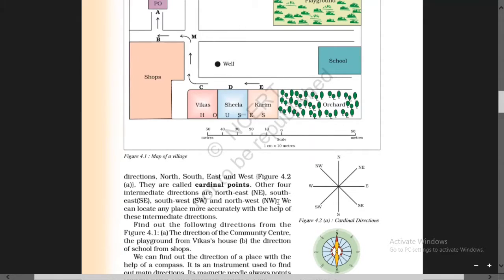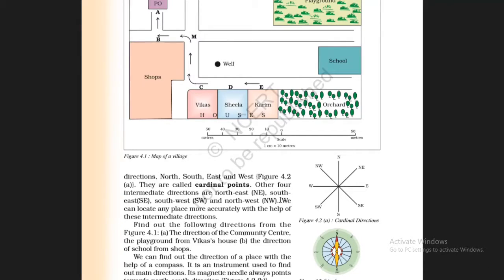We know north, south, east, west are the four cardinal points. Then the other four intermediate directions are northeast, southeast, southwest, and northwest.